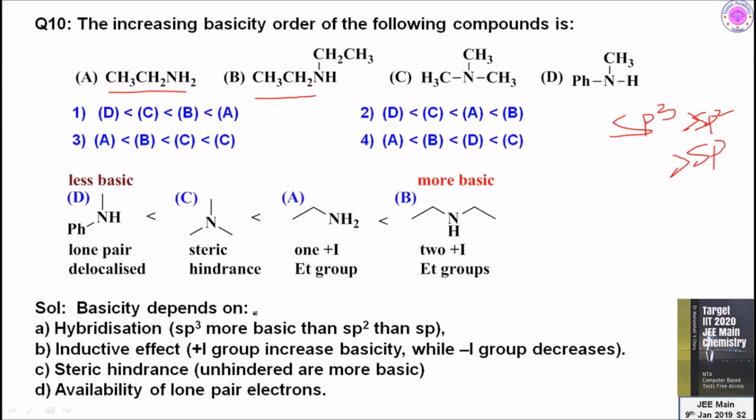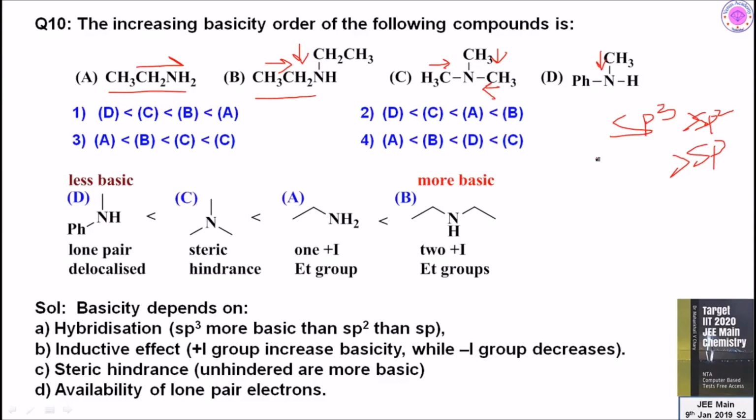Next, what is the factor? Inductive effect. Dear friends, if this is substituted, this is a positive inductive effect. Ethyl groups are positive inductive effect groups. This is also positive, the diethyl compound. And trimethyl, 3 plus inductive effect groups are there. And here 1 methyl group is a plus I group.